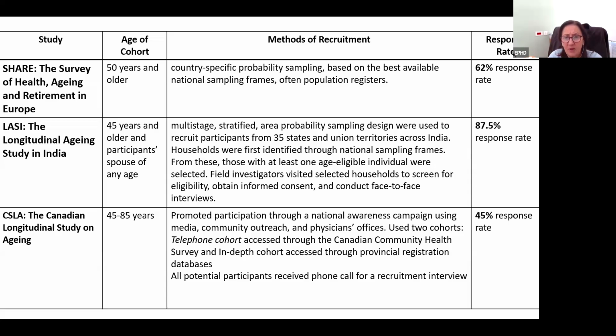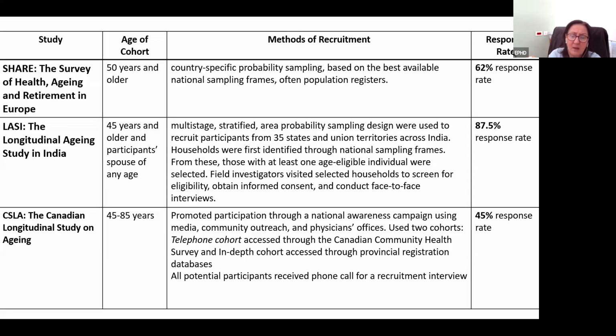First they identify the household, and from every household they take at least one age-eligible person, meaning 45 and older, and the spouse. They got a response of 87.5%. When you visit the household, they screen for eligibility, and then do the collection. They got a very high response rate, higher than the US, but the US was also very good.